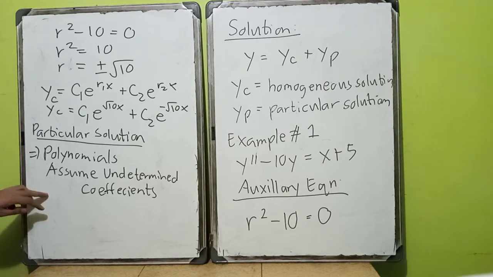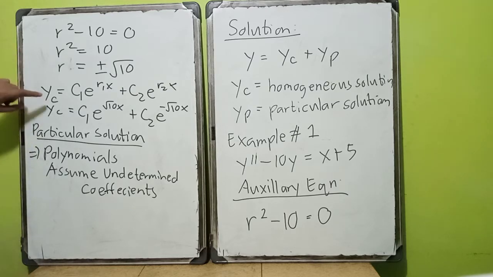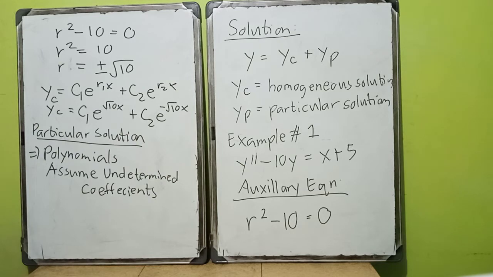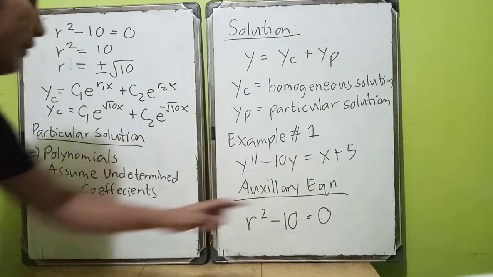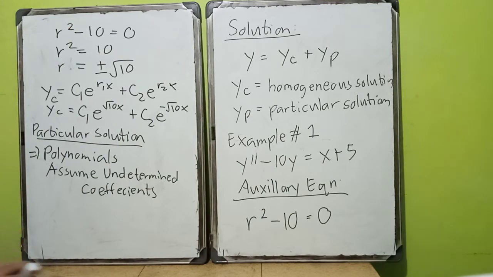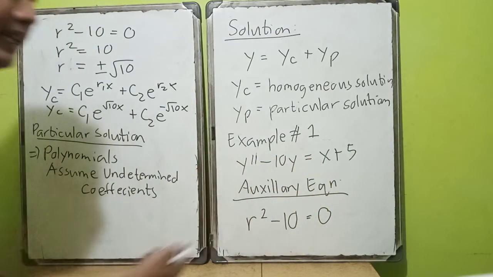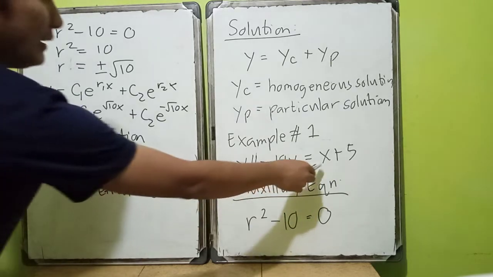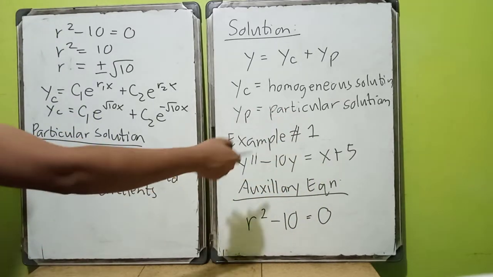So here, y double prime minus 10y is equal to x plus 5. So, the lowest differential here is 0, y to the 0. So, by looking upon the right side, x plus 5, this is polynomial, because x to the power of 1 plus 5.